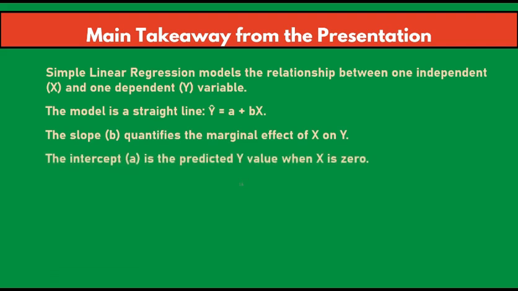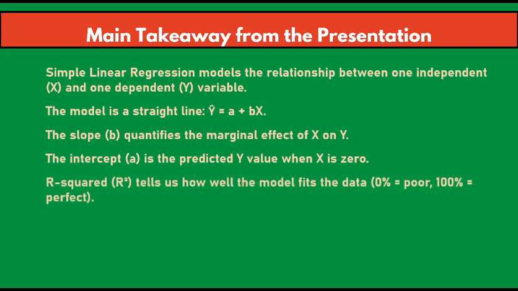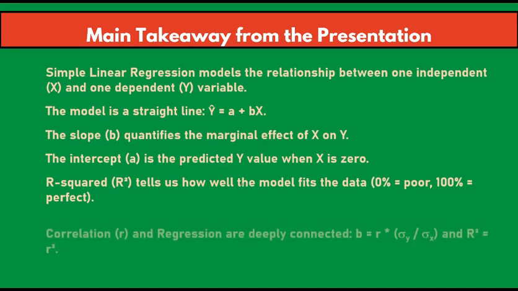Then we have the intercept concept, that is how the intercept is used to predict the value of y when the value of x is 0. That means we understand the concept of the slope and the intercept. We understand how r square can be used to understand the strength of the regression equation, that is how well the regression equation fits the data, or how reliable our prediction will be if we use the equation for prediction.